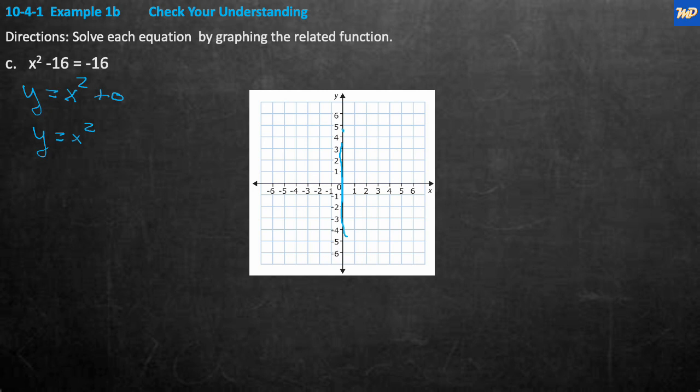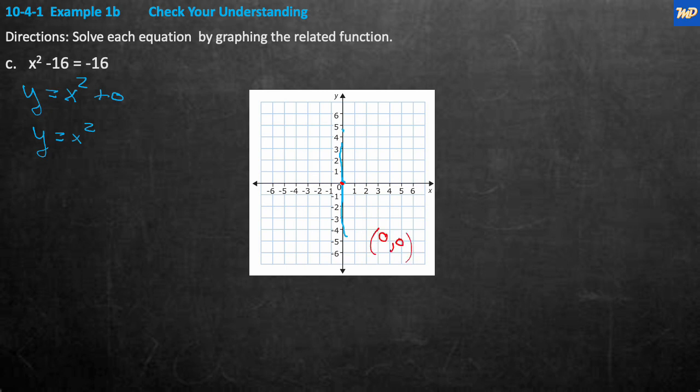So if x is 0, y has to be 0. I'm going to change colors just to have a little fun here. So 0, that's the origin, if you will, right here, and that's also the vertex. So the vertex is at 0, 0.